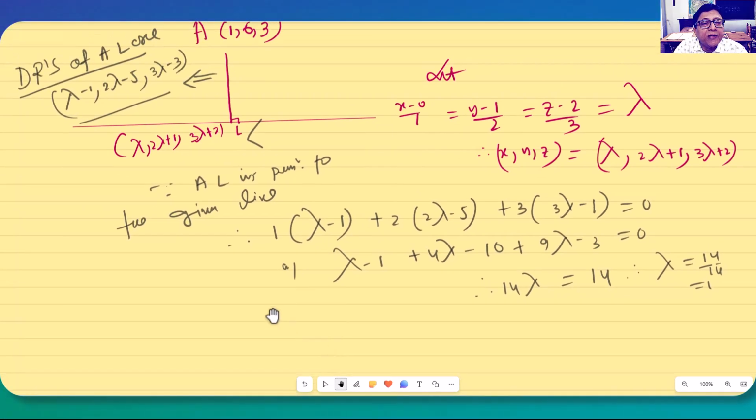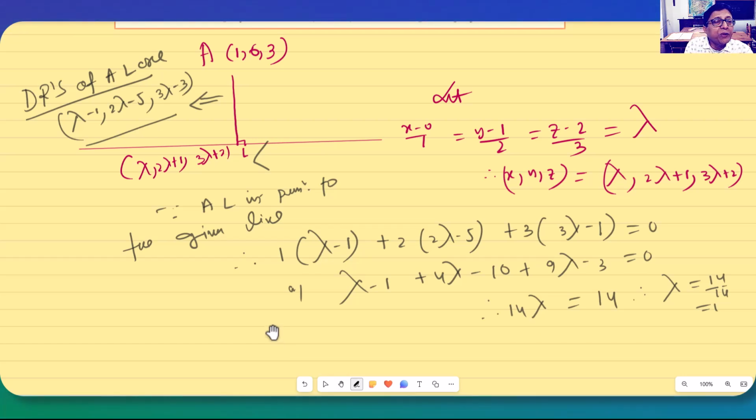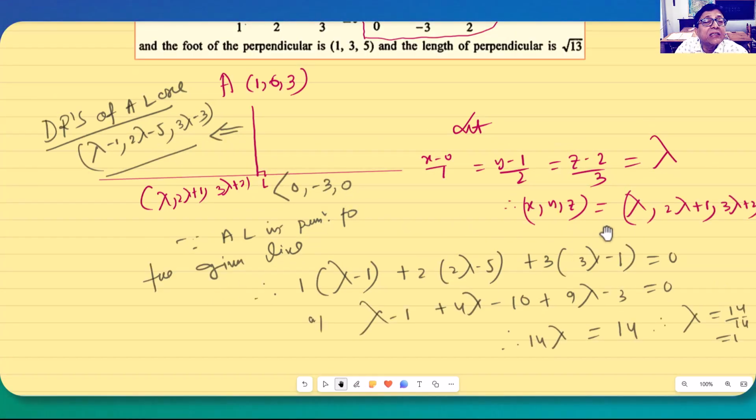Once you get the value of lambda as 1, the foot of perpendicular is going to be what? Put lambda 1 over there. It is going to be 1, 3 and 5. And the direction ratios of AL: lambda minus 1 will be 0, 2 lambda minus 5 will be minus 3, and 3 lambda minus 3 will be 0. Okay?